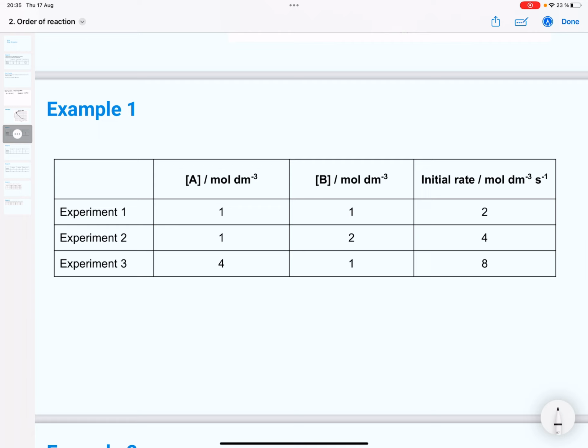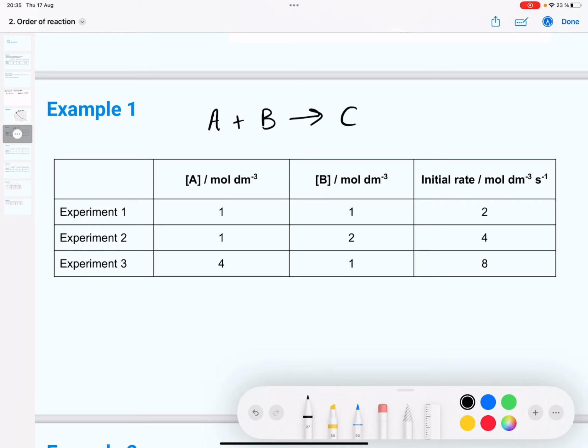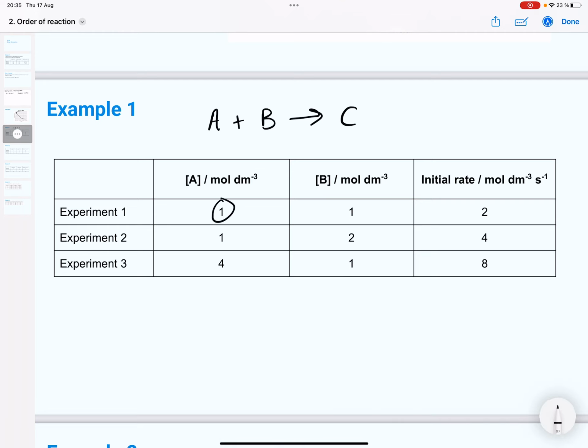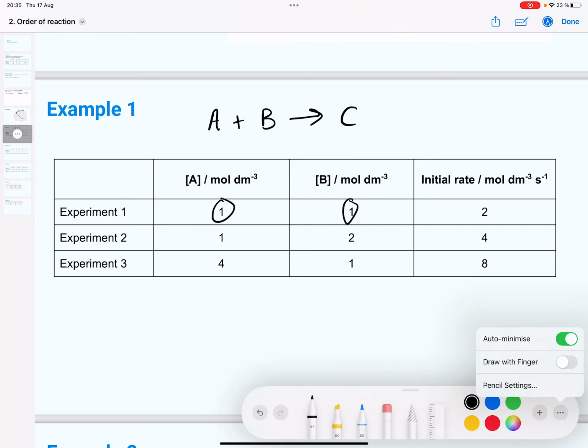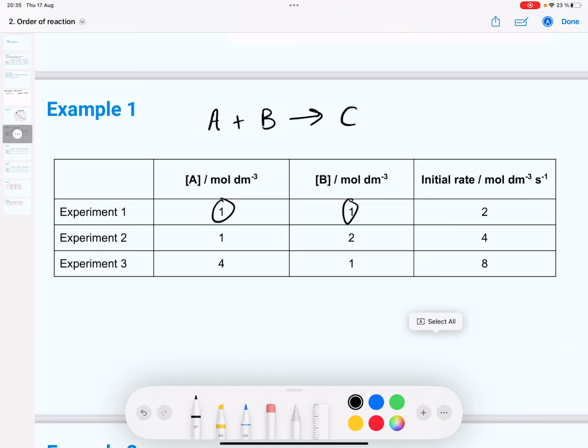So I know here that this chemical reaction is A plus B reacts to form C. To start with, A has a concentration of 1, B has a concentration of 1, and when the concentration of A is 1 and B is 1, the initial rate is 2 moles per decimeter cubed per second.